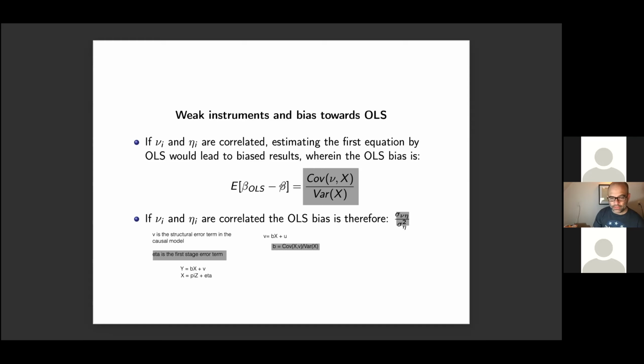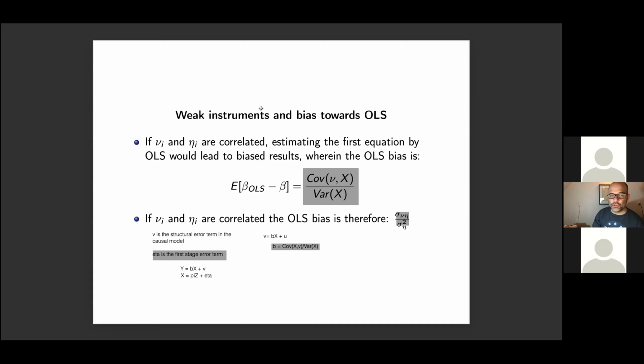The difference between beta OLS and true beta is the covariance between V and X. So there's the error, the degree to which X and V are correlated, scaled by the variance of X. And if V and eta are correlated, then it becomes just the covariance between this term and this term, scaled by this term.